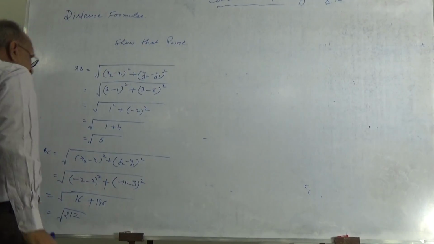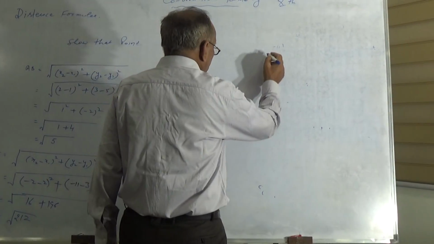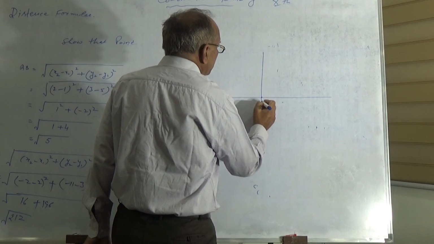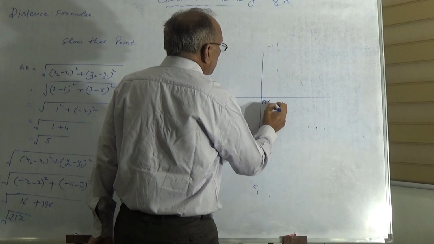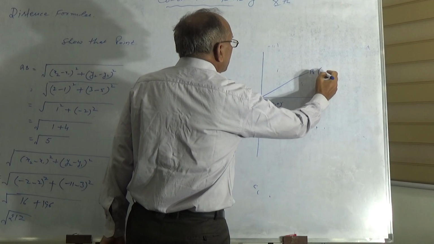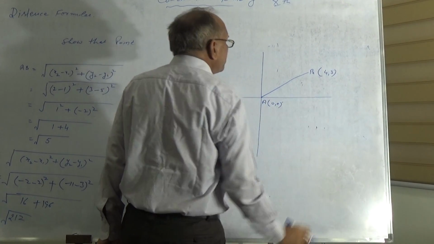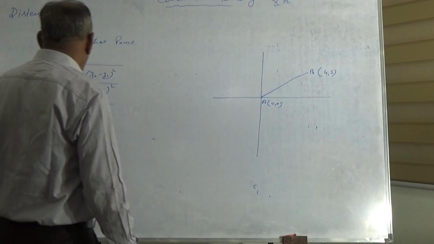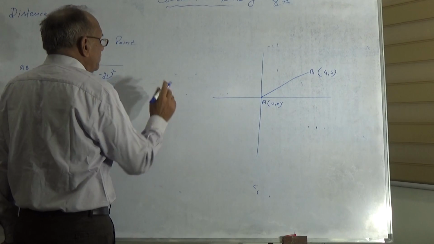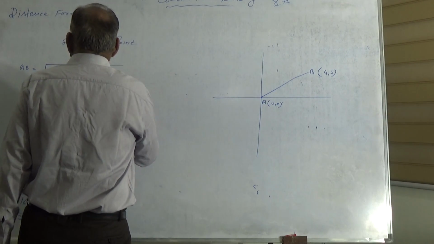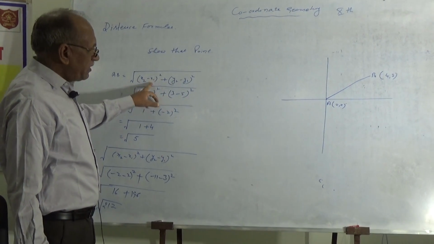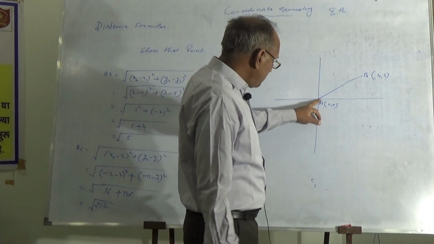If we have to find the distance of a point from the origin, say A is (0, 0) and another point B is (4, 3). In the distance formula, when we find the distance from the origin, the values of x1 and y1 are always 0.